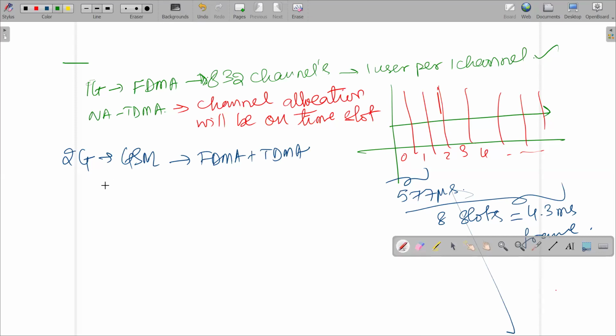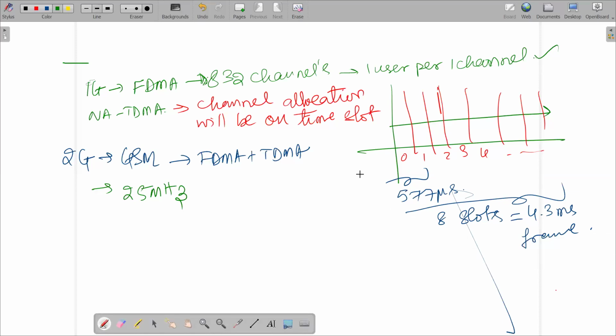Again here in GSM, the government has assigned 25 megahertz to these services, right? But the channel here became a little digital.